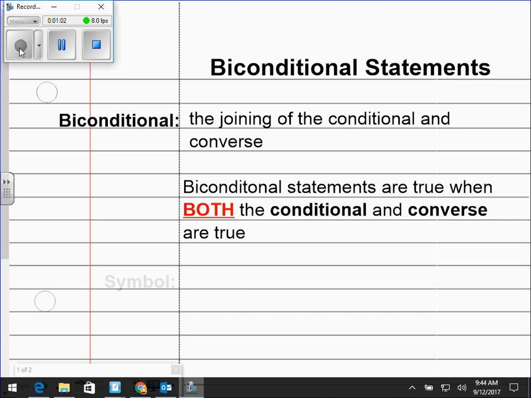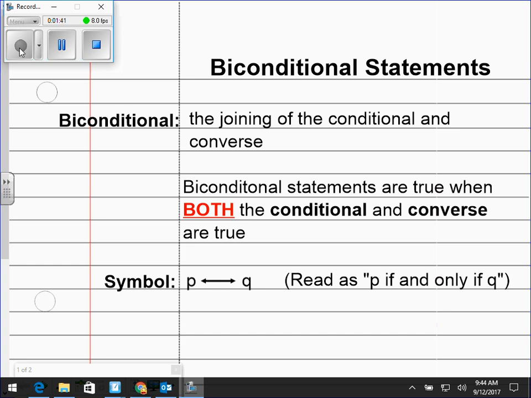All right, so the symbol for a biconditional is P with a double-headed arrow, Q. And that's just saying P if and only if Q. The reason we have the double arrow is because it's the joining of the conditional statement, which goes in the direction P arrow Q, and then the converse, Q arrow P. So if it's going back and forth, that's why we have the two-headed arrow, saying it can go back and forth between the converse and the conditional.